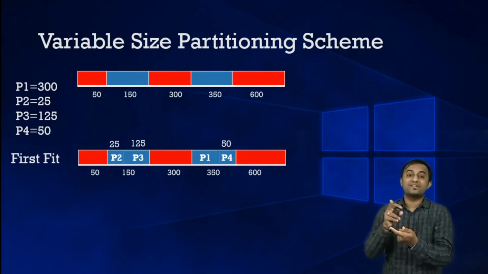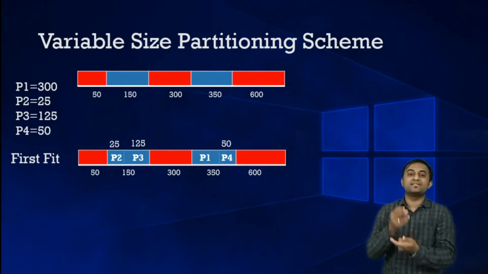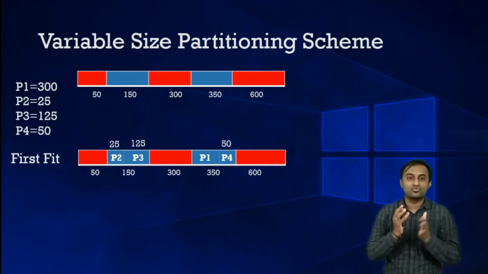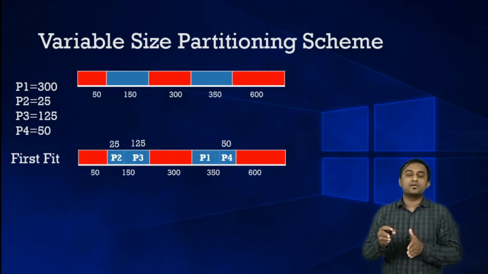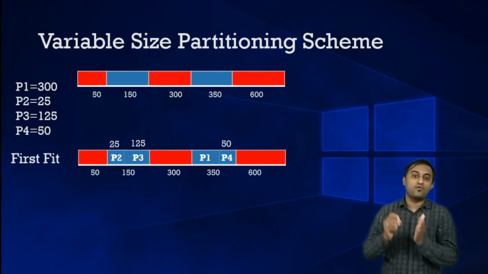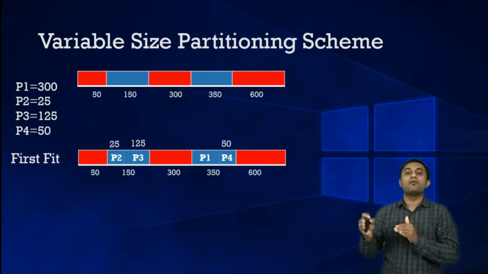If the answer is yes, it will assign that process to that block. If the answer is no, it will search the next available block of memory and check again whether it is capable enough. In this way it will work.